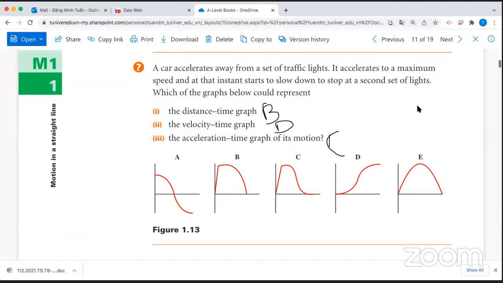Maybe C fits more than B because of the distance covered. If I see D, it's because D is easy: it has to be positive and then it goes down. B is because there's a very short time of acceleration, very short, right?